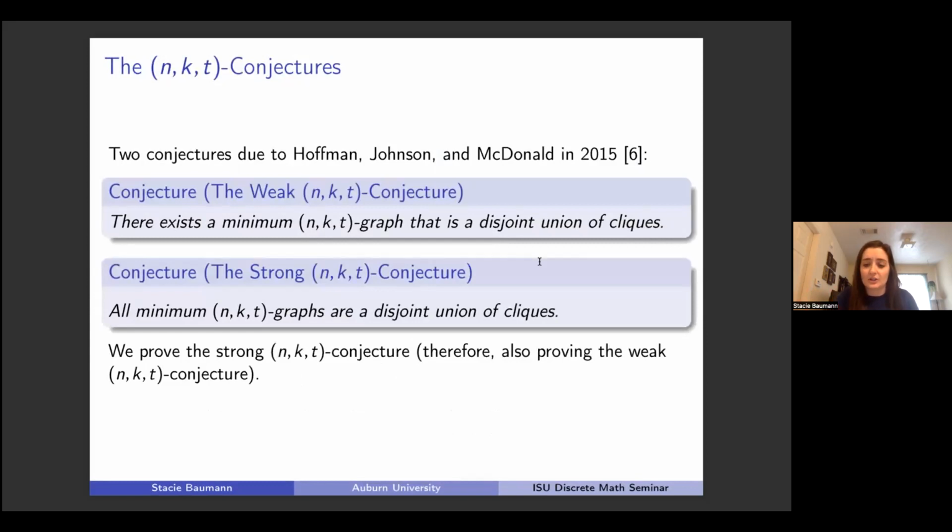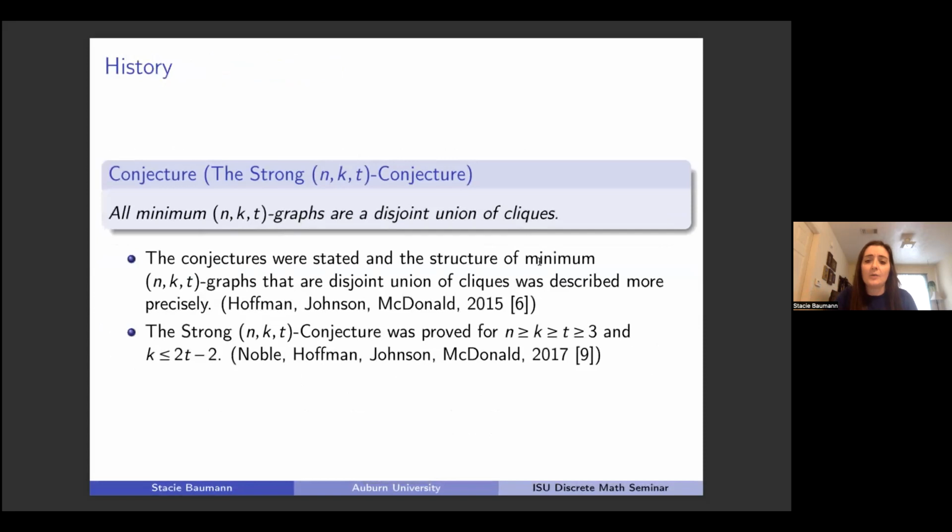That was kind of the conjecture in general. And there was a little bit of progress made towards this conjecture before we came along. So in 2015, Hoffman, Johnson, and McDonald, like I said on the previous slide, stated the conjectures, and they showed the structure of what these minimum disjoint union of cliques graphs are.